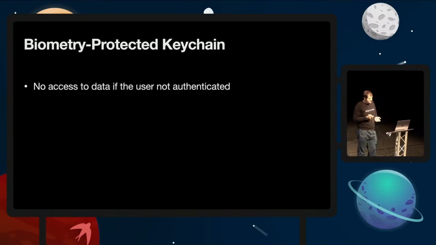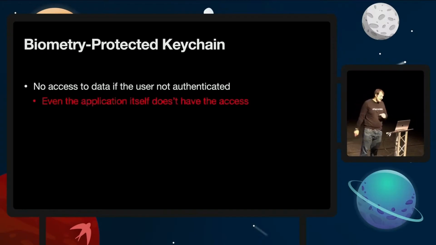The benefit is that there is no access to data if the user is not authenticated with the biometry, obviously, but there is no access even to the application itself, which is even more interesting because, let's say, assume that the app is hacked in some way. The app cannot get the data itself. You have to really get the keychain and authorize the user with the biometry, and that's it.